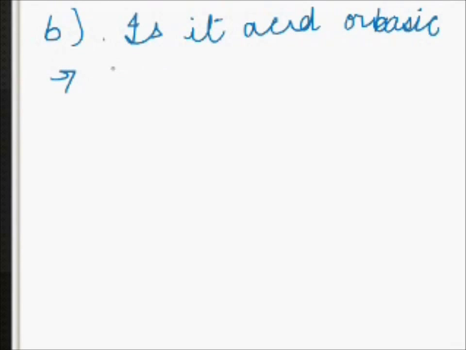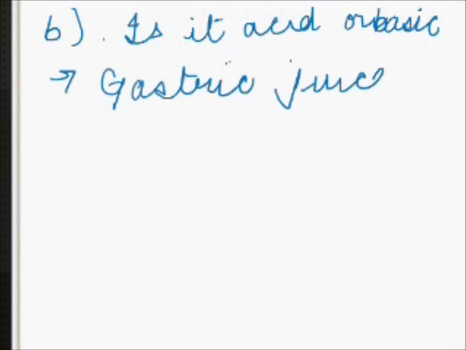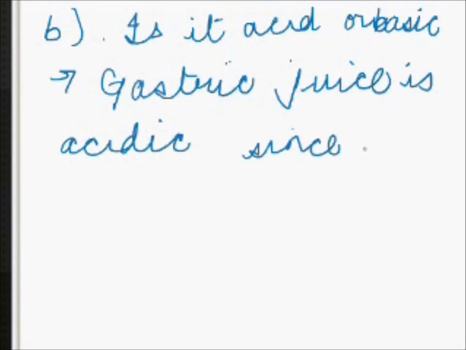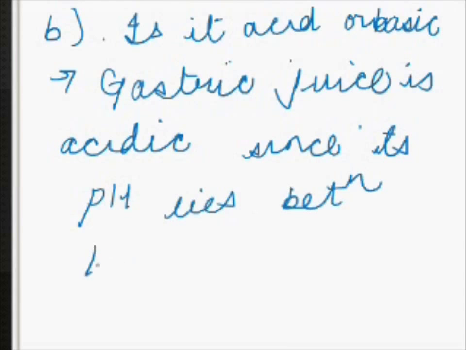Answer is gastric juice is acidic since its pH lies between 1 and 2.